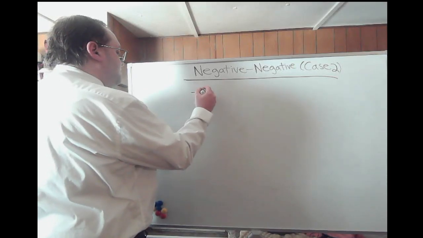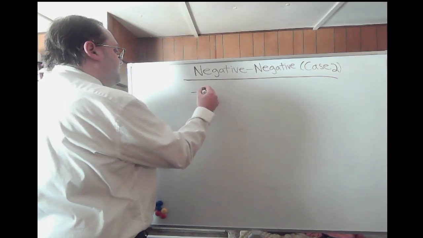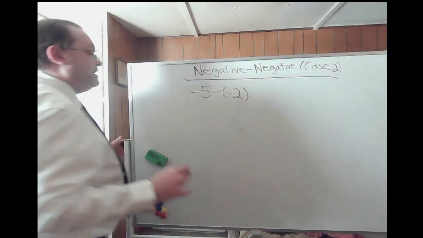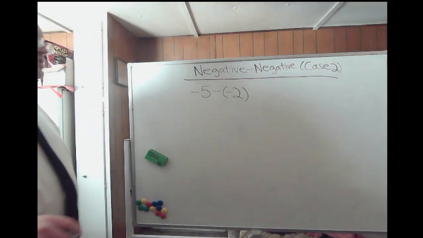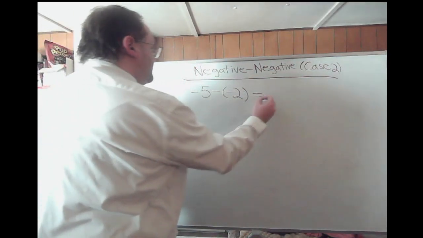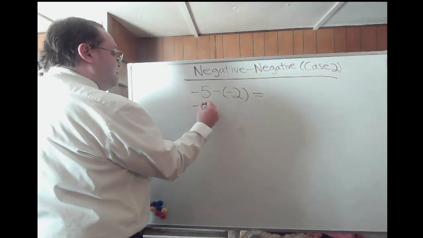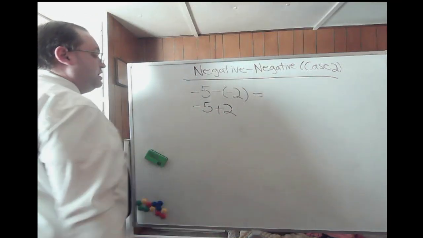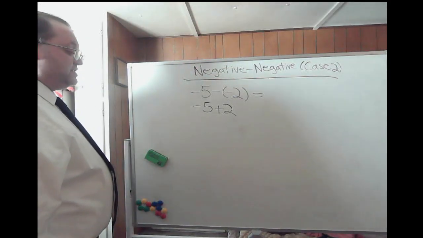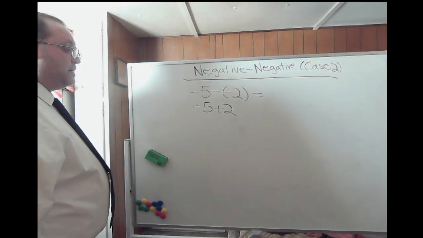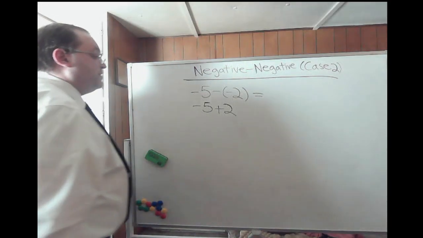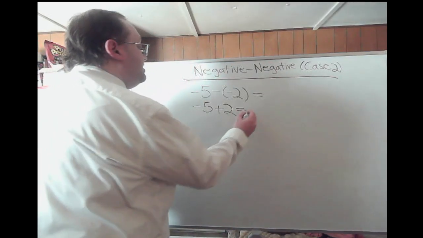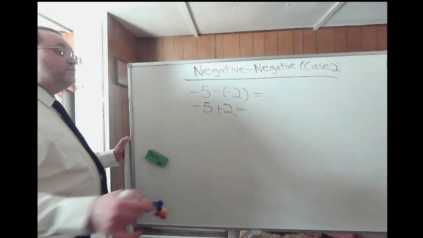Say we have negative 5 minus negative 2. So we've got negative 5 minus negative 2. Well, first, that is the same thing as negative 5, and you have minus minus, which is plus 2. Negative 5 plus 2. Then what you're going to want to do is use your commutative property of addition and move these around.